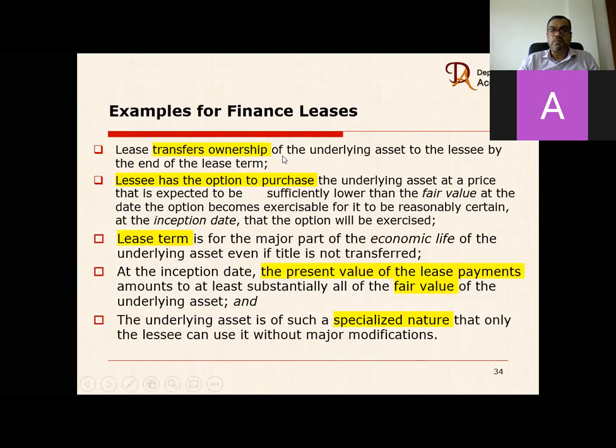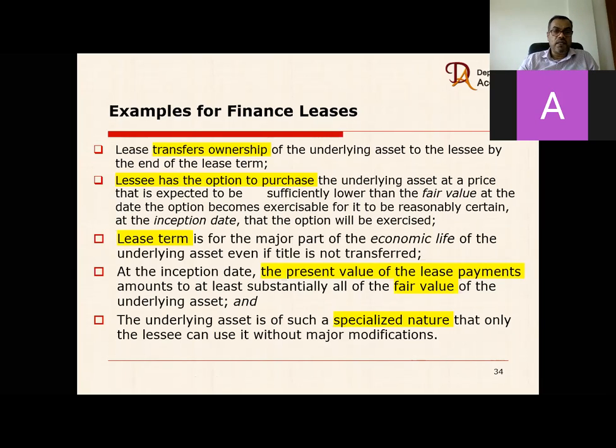Lease transfers the ownership. So simply speaking, in any lease arrangement, if at the end of the lease term there is any clause that the ownership would be transferred to lessee, of course, it must be a finance lease for the lessor, not for the lessee, because we do not talk about this thing from lessee's point of view. You have to be very, very careful, otherwise you may make a mistake. But it's a finance lease.